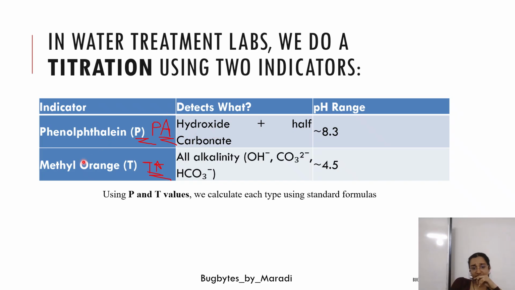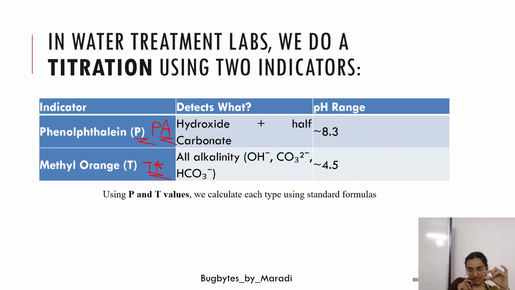Now, when we speak about methyl orange, it determines all the alkalinity. It ranges from 4.5 to the highest, so from 4.5 to maybe 10 or 12. So you will be determining all hydroxide, carbonate, as well as bicarbonate alkalinity using methyl orange. It stops at 4.5 or 4.4; beyond that, it's not going to happen.